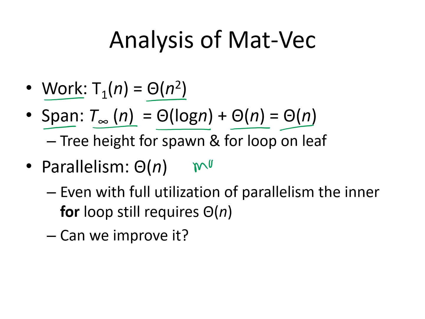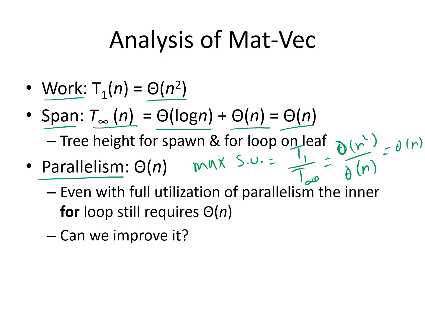So the maximum speedup, or in other words the parallelism, you would recall, is given by the work divided by the span. So in this case that would be theta of n square divided by theta of n, which is basically theta of n simply. Okay, so that's the max speedup of this algorithm.